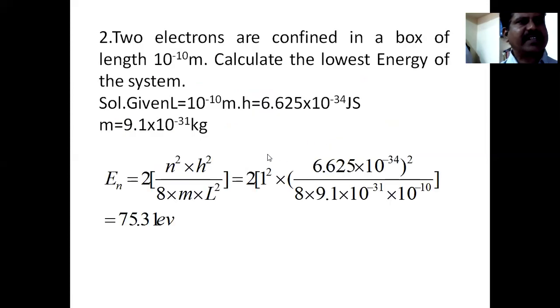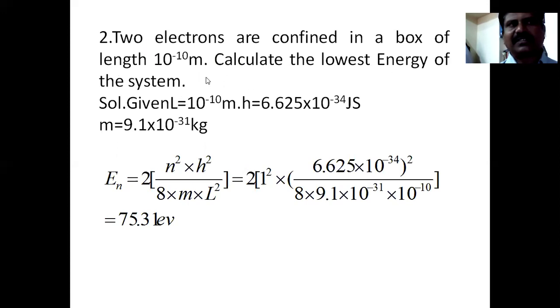Next, let's see another example. Two electrons are confined, that is, located in a box of length 10 to the power minus 10 meter. Calculate the lowest energy of that system. How many electrons are there? Two electrons are confined in a box.